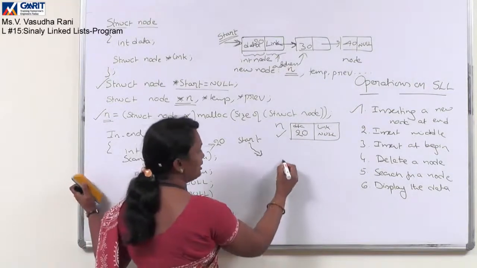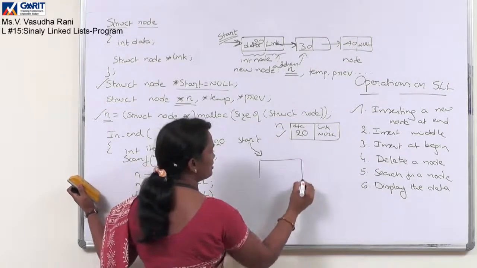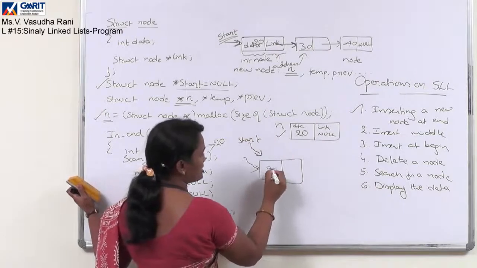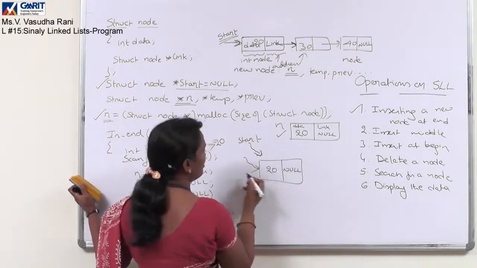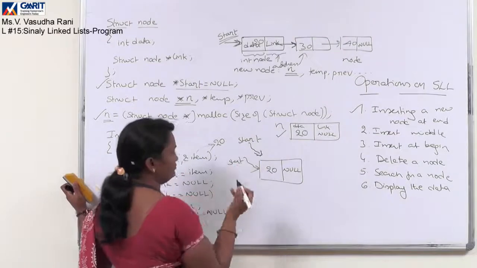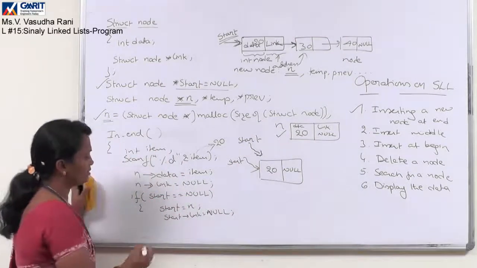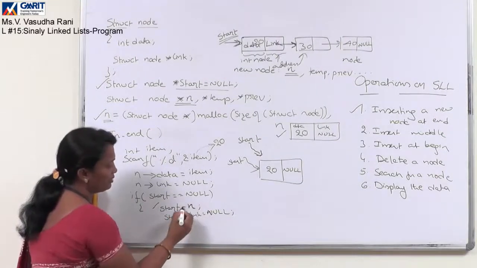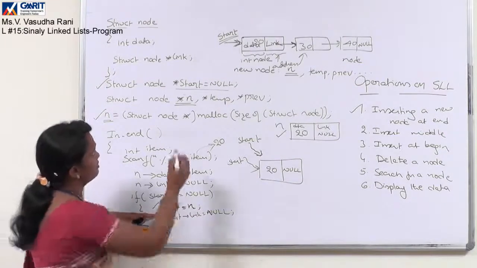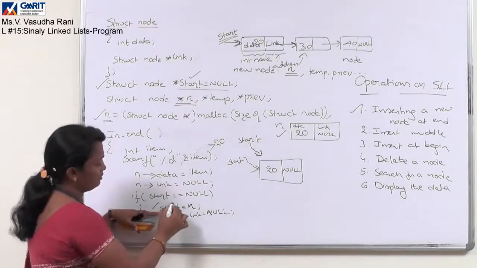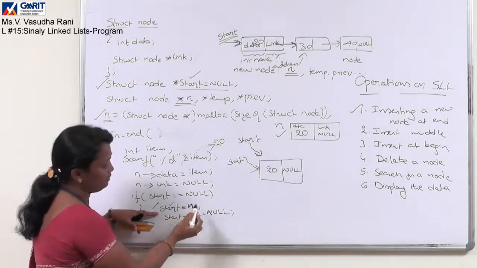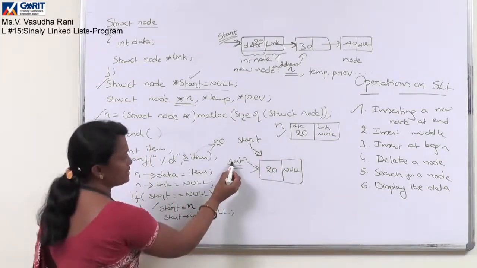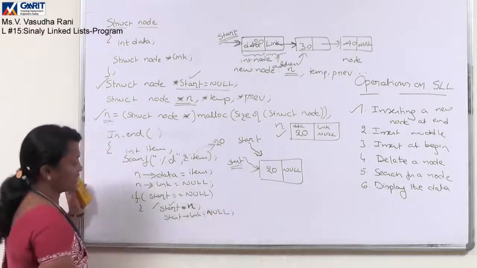So combining these two, what we have got is, now our start is referring to this n node with null pointer. First node is inserted. Here the statement indicates start equal to n. The start is a pointer variable, address variable, which is taking the address of n node. N node's address the start has taken. So using start, you are going to refer this first node.